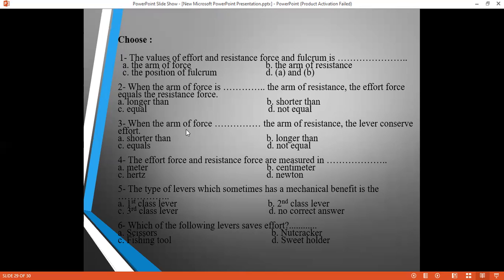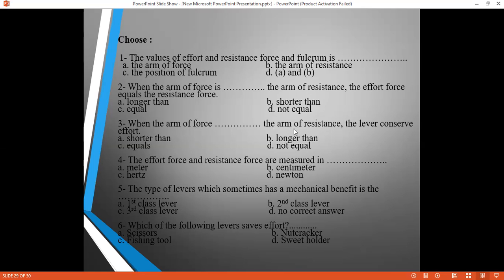When the arm of force is equal to the arm of resistance, the effort force equals the resistance force. So logically, it's C. When the arm of force is longer than the arm of resistance, the lever conserves effort. When the lever conserves effort, the arm of force is longer than the arm of resistance.